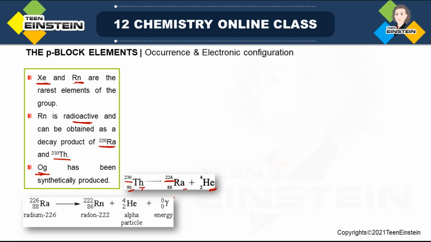Okay, and now this 226 radium, if there is some removal of alpha particle, helium is also known as alpha particle, alpha particle and gamma energy is released. Now Rn is generated. So see here, from thorium first there is generation of Ra, and then from Ra we are getting Rn. So this is basically the decay product of thorium and radium. Fine.